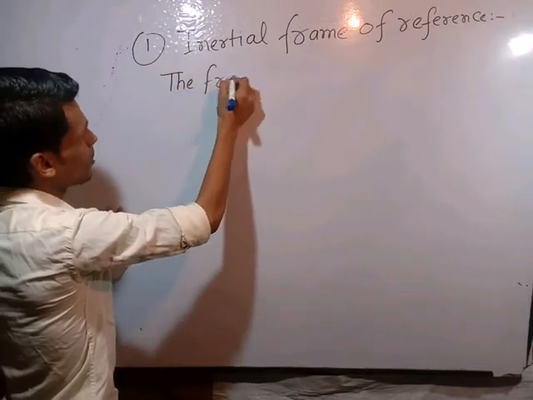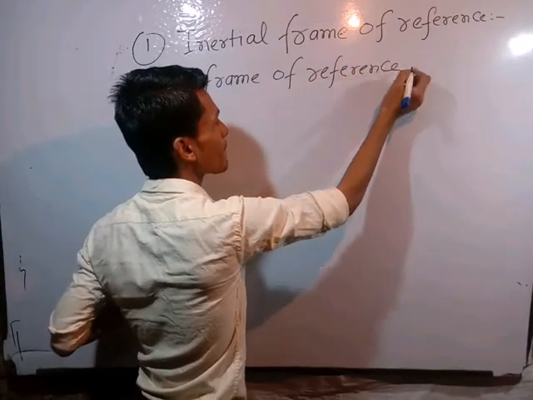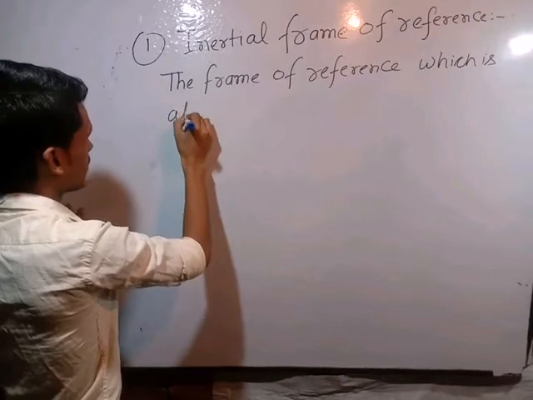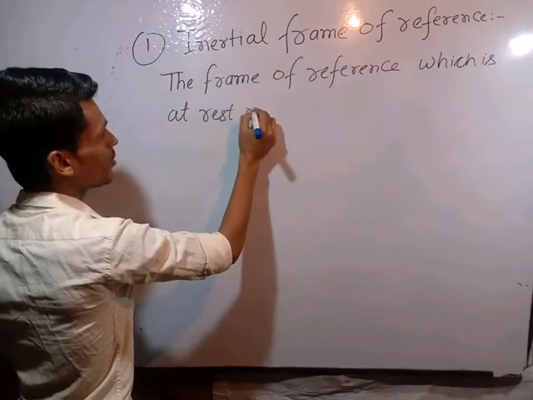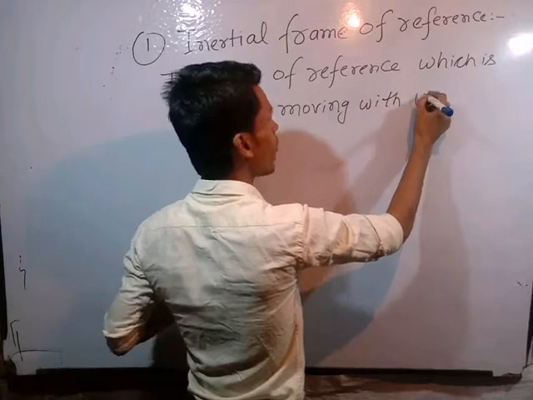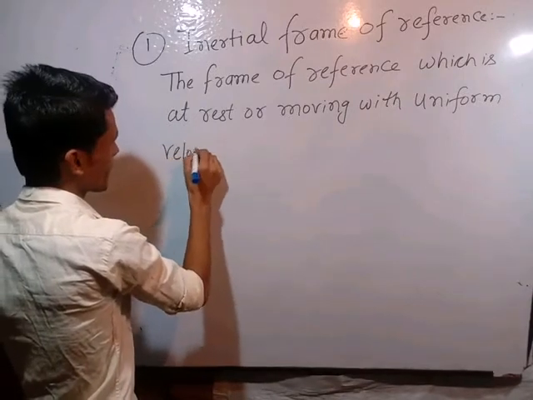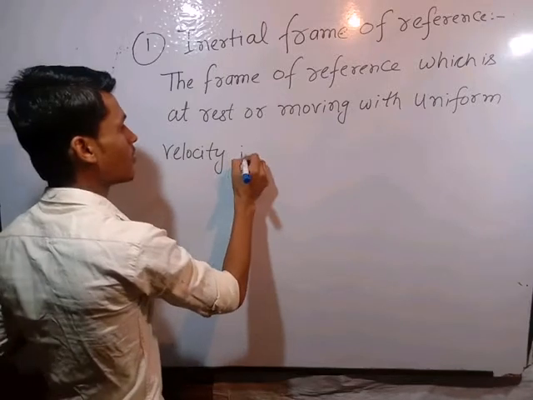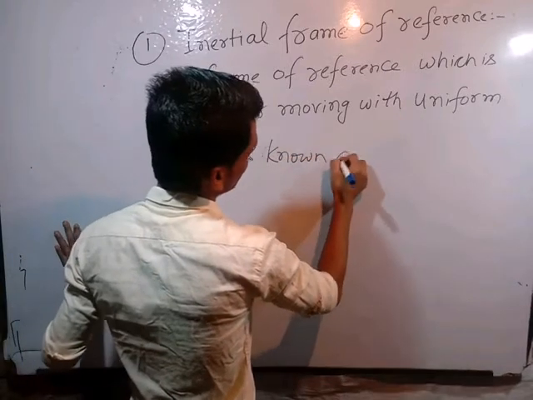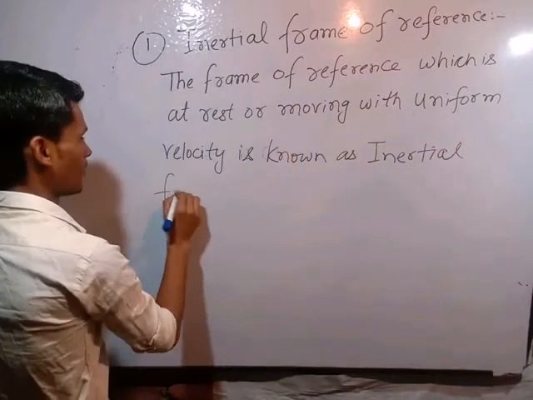The frame of reference which is at rest or moving with uniform velocity is known as inertial frame of reference.